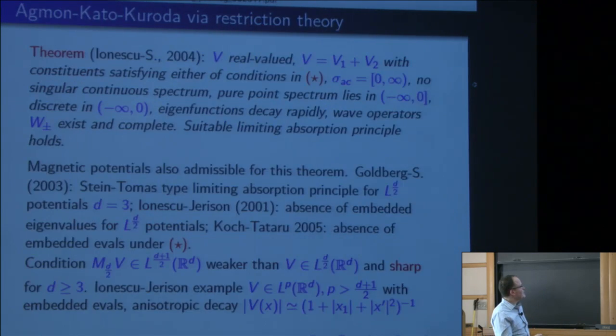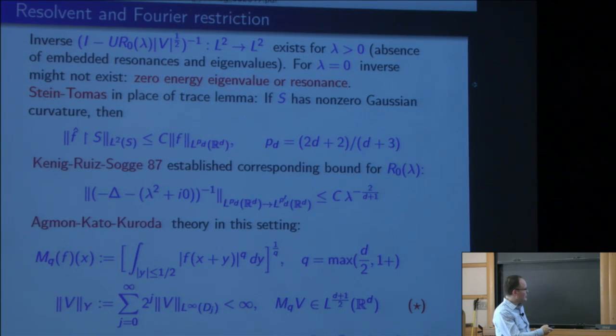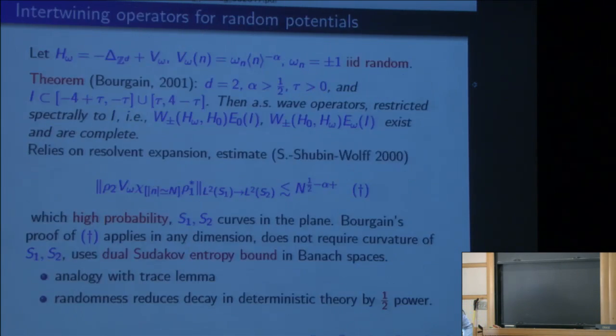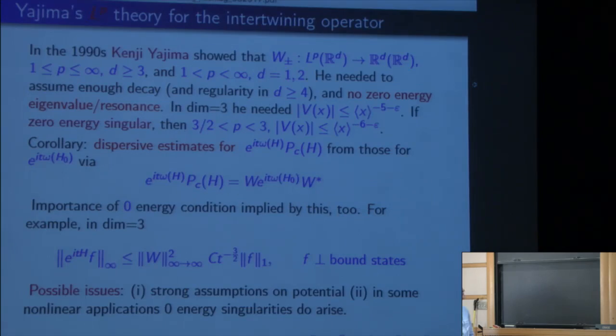It means exactly that this thing can be inverted at lambda equals 0, and you know from the theory that it can be inverted for all others in the positive spectrum. So that's Yajima's result, and if you do have a zero energy problem, you cannot be LP bounded, for very good reason.